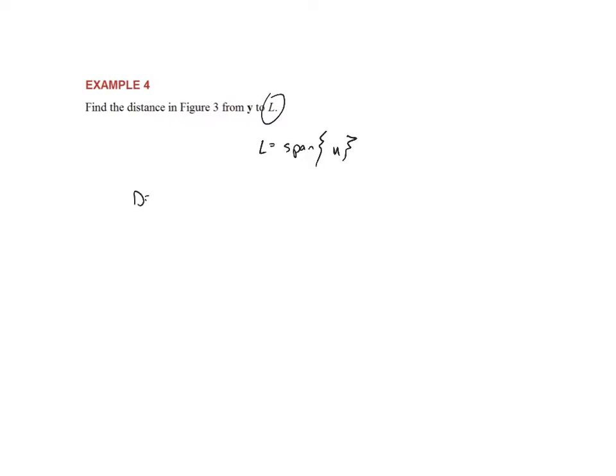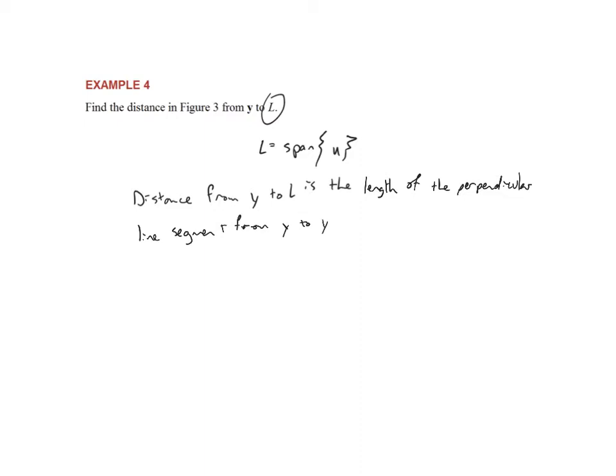The distance from y to L is the length of the perpendicular line segment from y to y hat. Okay, that's the z vector, or we can just write it as y minus y hat.